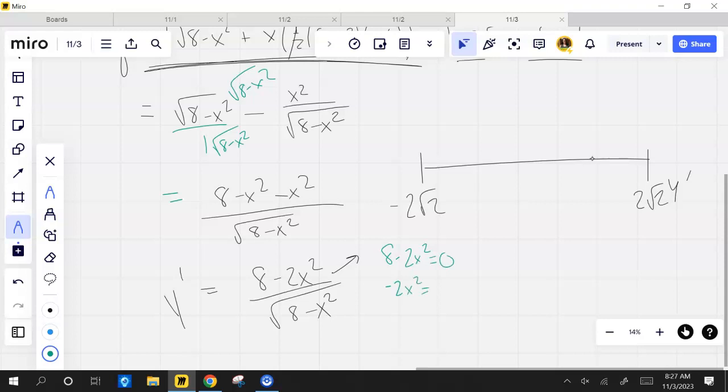So 8 minus 2x squared equals 0. Negative 2x squared equals negative 8. X squared equals 4, so x is plus or minus 2. Is that in my domain? Yeah. Negative 2 is bigger than negative 2 root 2 and 2 is smaller than 2 root 2.